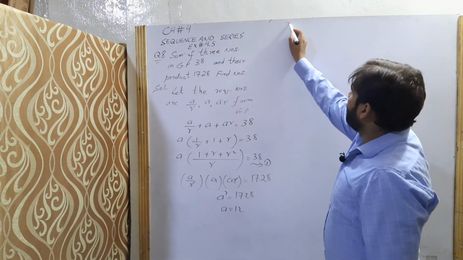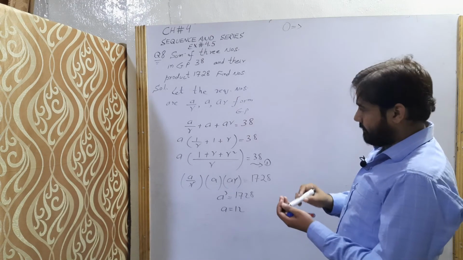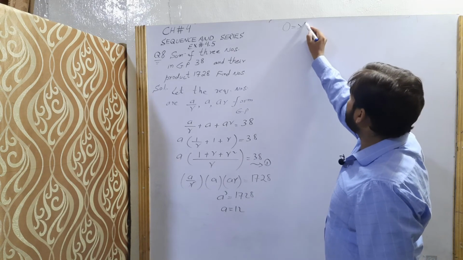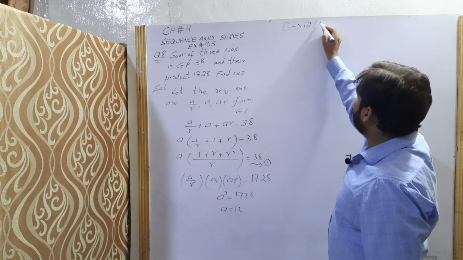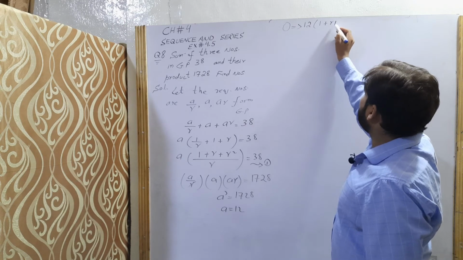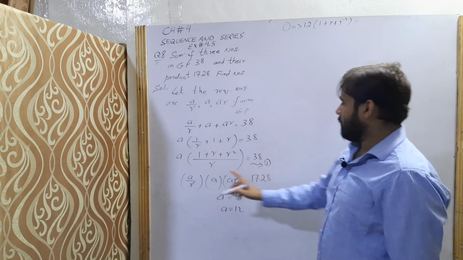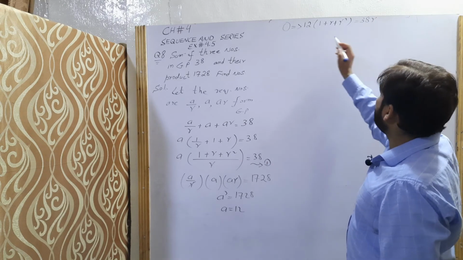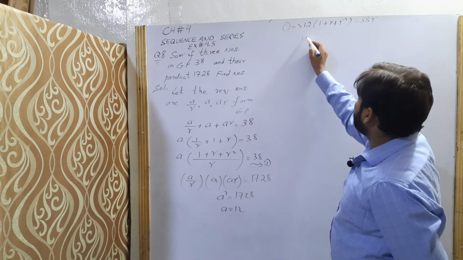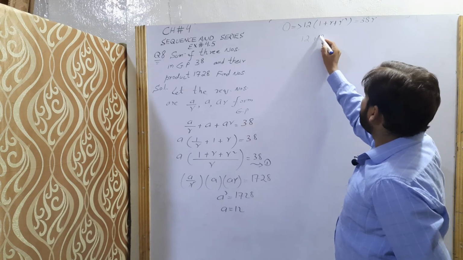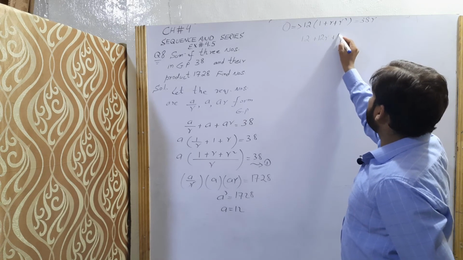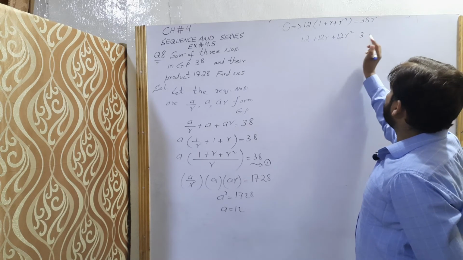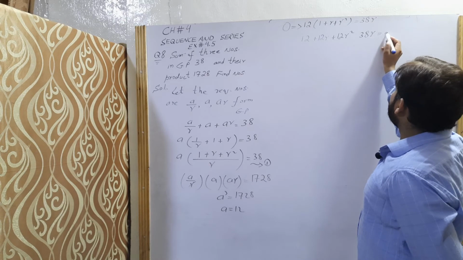So putting in equation 1, the value of A is 12, so 12(1 + R + R^2) is equal to R multiplied by 38, so this is 38R. So 12 ones are 12, plus 12R plus 12R^2, and this minus 38R is equal to 0.